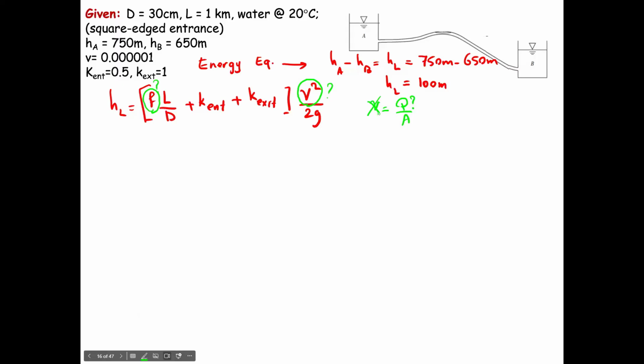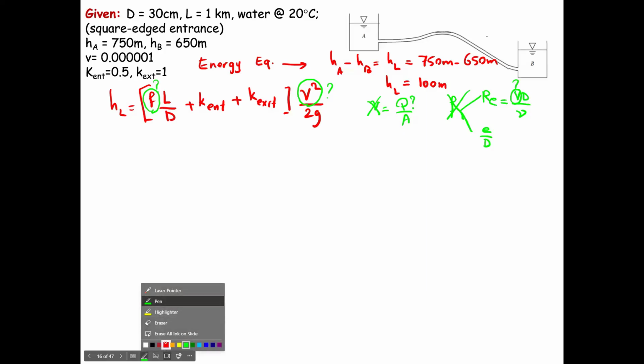Okay, you may think that I can find F, then velocity. But if you remember, F depends on Reynolds and relative roughness. Reynolds has velocity inside, so I cannot find F. And there is no way other than making one assumption.